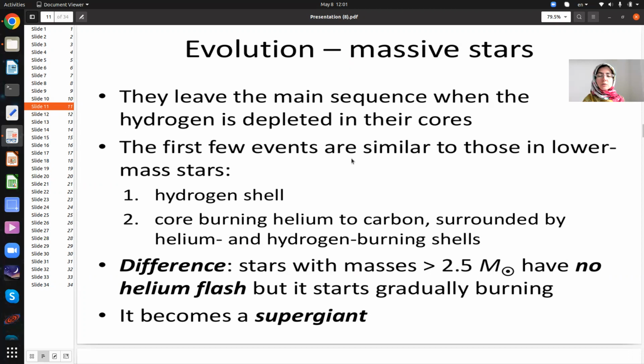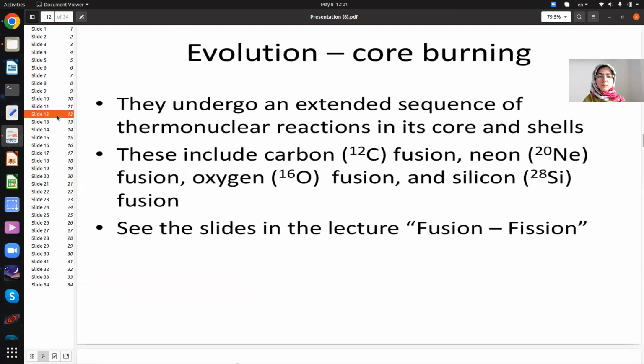It becomes a supergiant. For core burning, they undergo an extended sequence of thermonuclear reactions in the core and shells. These include carbon-12 fusion, neon-20 fusion, oxygen-16 fusion, and also silicon-28 fusion.